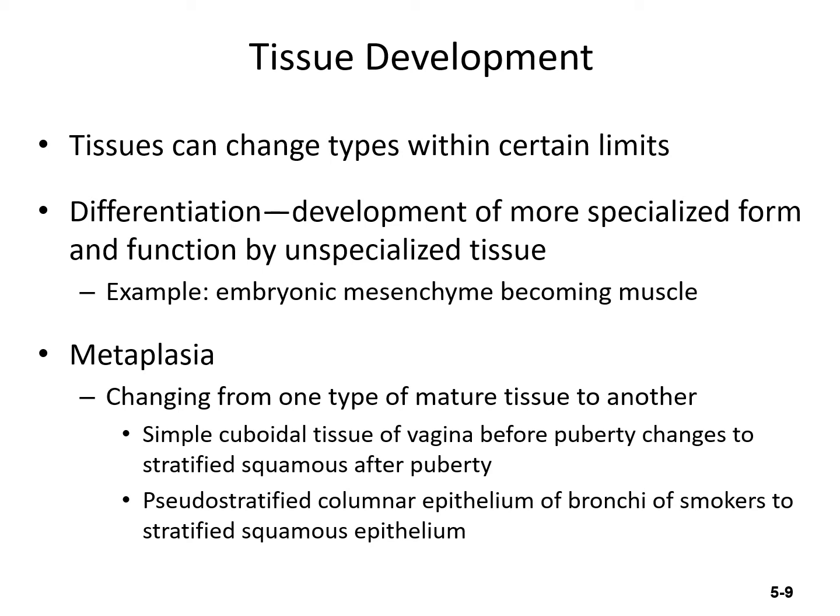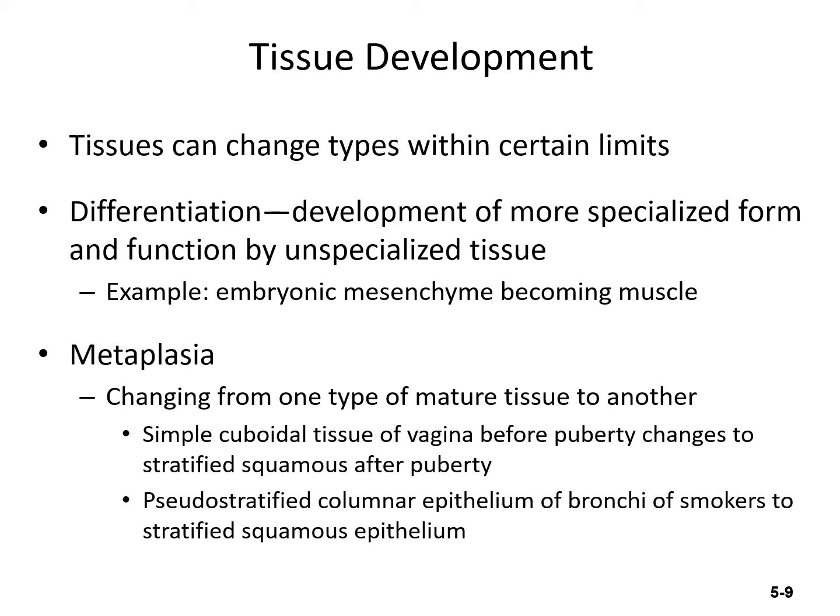And then in people who smoke, before really taking up and becoming a chronic smoker, the bronchi of the lungs are comprised of pseudostratified columnar epithelium, and then given enough time, that will actually differentiate into stratified squamous epithelium.